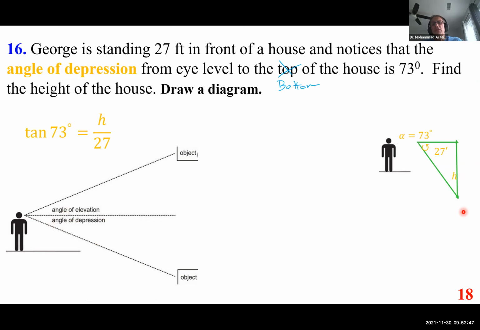Tan of 73 degrees is h over 27. Therefore, h is the product of the two. Using a calculator, we end up with 88.31 feet. 88.31 feet. Again, the whole thing is in the diagram and being able to properly draw that.